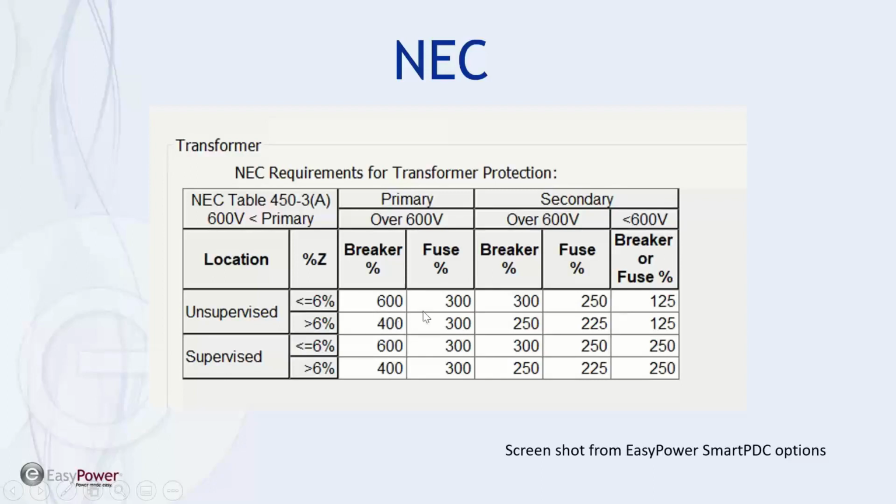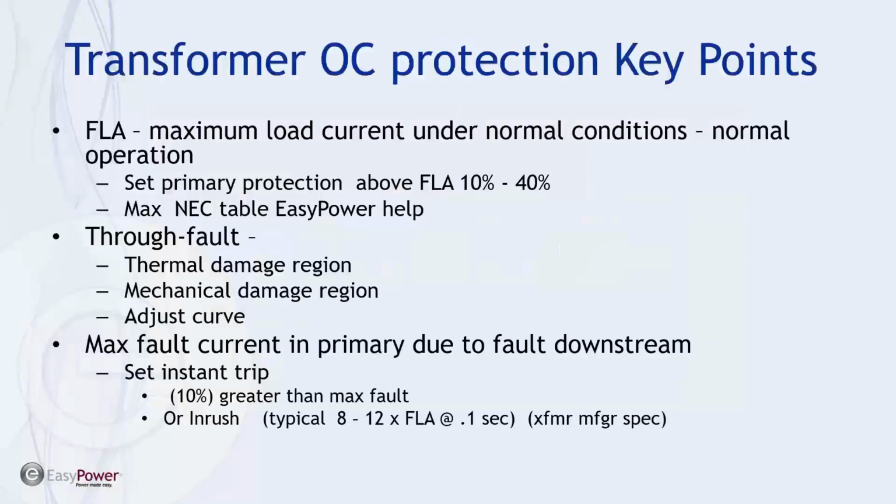So this gives us the range whether we're using a relay, a breaker, or a fuse. So these are basically the limits on protection above and beyond the rating for the transformer.